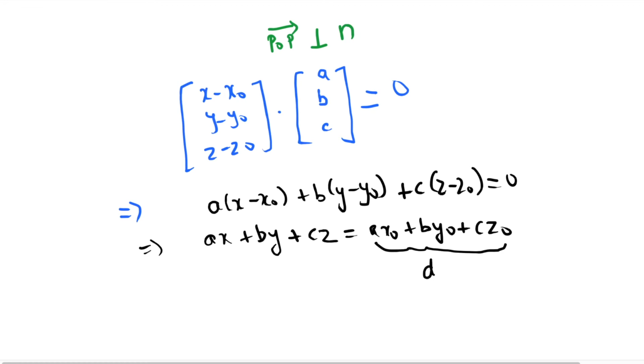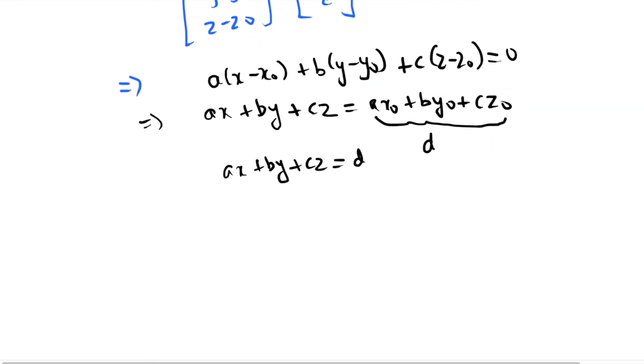And thus the plane has an equation of the form ax plus by plus cz is equal to d. So for example, the plane x plus 2y minus z is equal to 0.